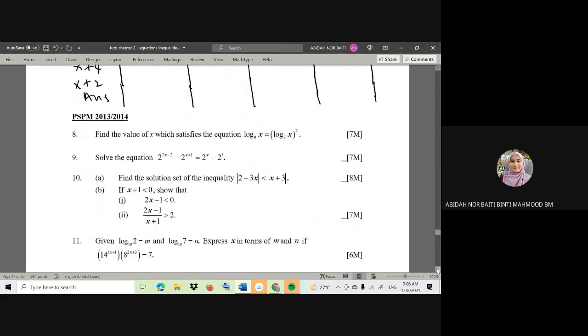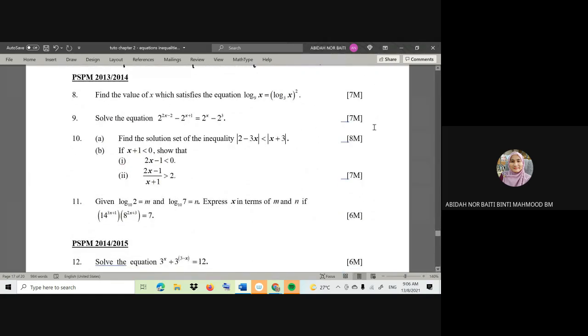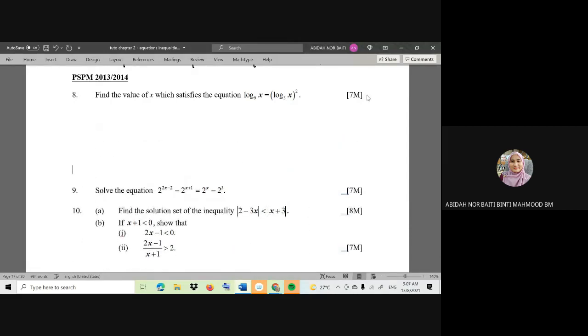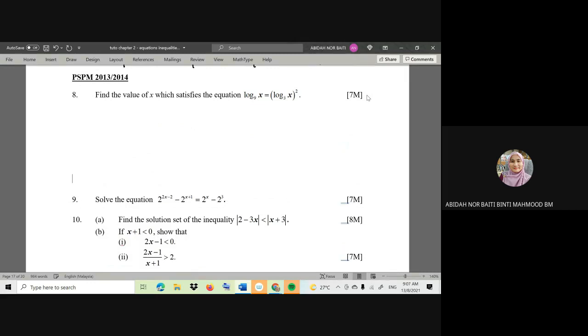Okay, and then number 8. Number 8, boleh buat tak number 8 ni? Log with different base. Change base lah kan? 9 ya, change to base 3 ya. 9 change to base 3. So we use change base formula. Log x base 3 over log 9 base 3 kan?